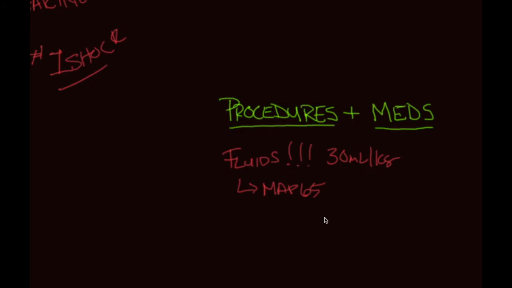If we have someone who has a history of hypertension, especially one that's not very well treated, these patients may need a higher MAP. So make sure we're assessing for good signs of perfusion, such as warm extremities, improved mental status, capillary refill, and things like that.